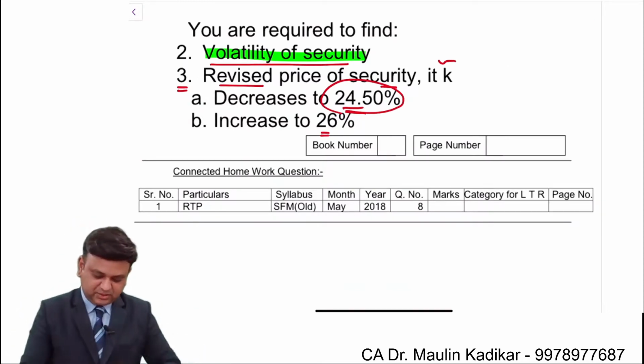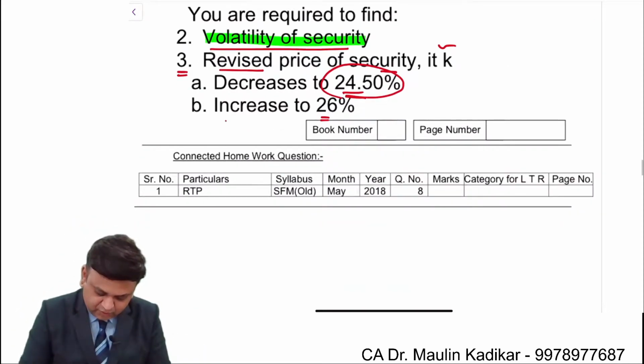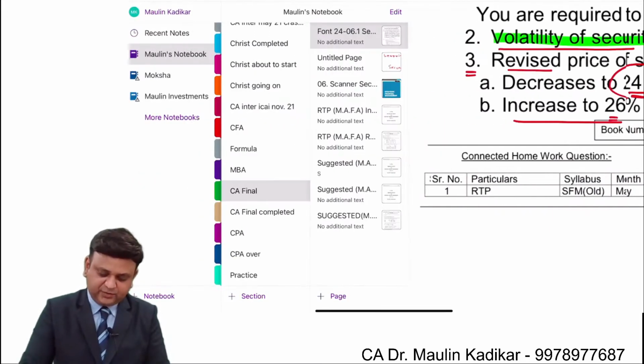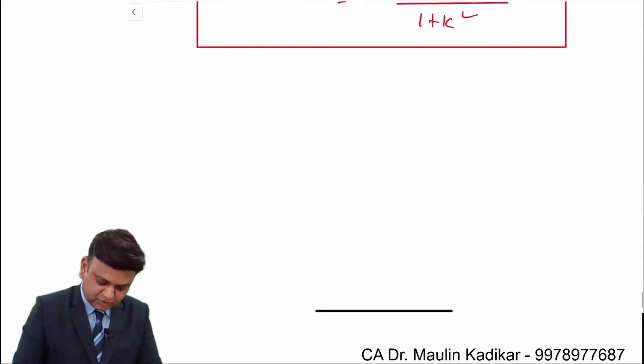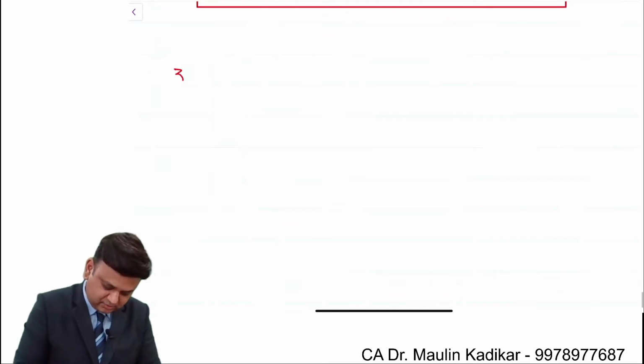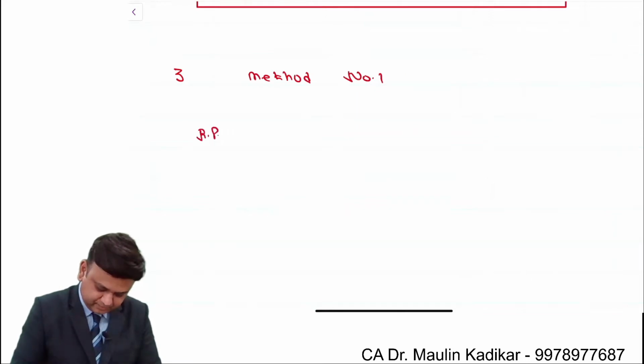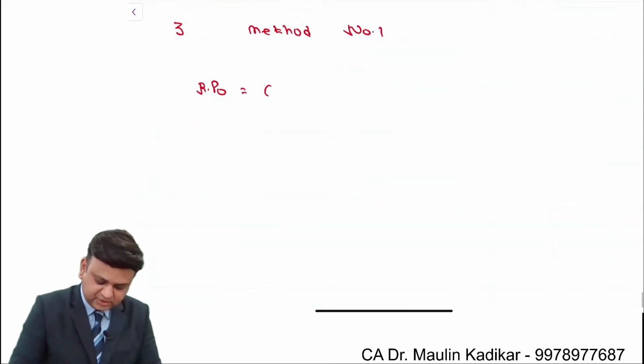B part of the question: what if the required rate of return increases to 26%? Let us answer the third question. Method number 1: write down revised P0 is equal to current P0 minus change in P0.